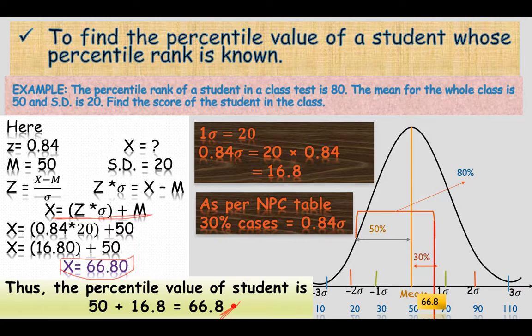So the student who has the percentile rank 80 in this class has secured 66.80 score in the class. This is how we get the percentile value, or the raw score, when the percentile rank is given. I hope you have understood this.